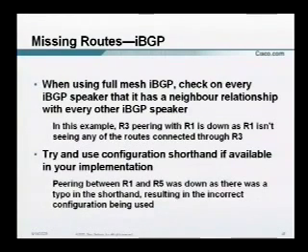So when you're using a full mesh IBGP, check on every IBGP speaker that it has a neighbor relationship. If you've got 10 routers in your network, you'll have 9 IBGP neighbors. 100 routers, you'll have 99. Okay, when you get to the extent of 100 routers, 99 IBGP neighbors, that's a lot of counting that you have to try and do.